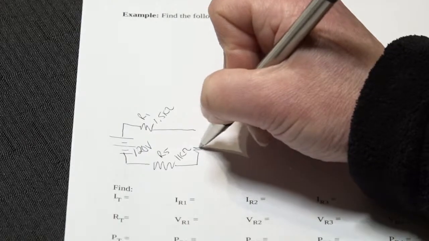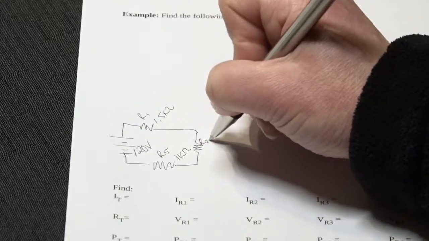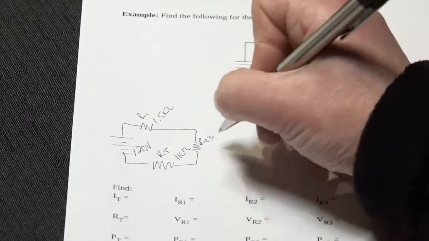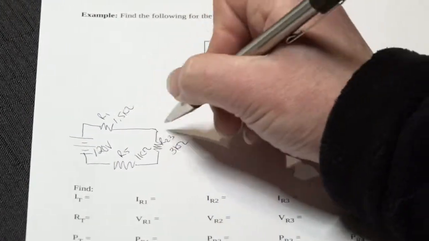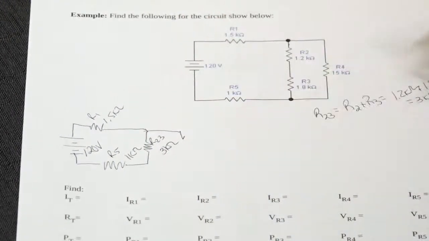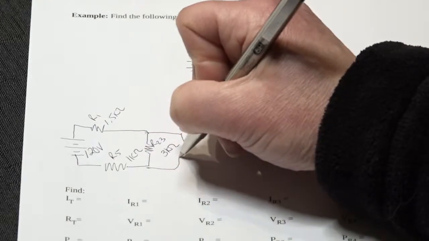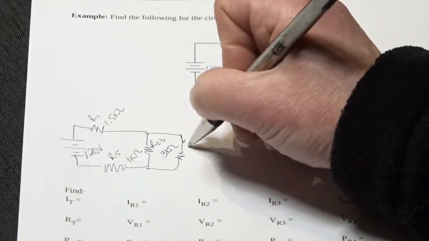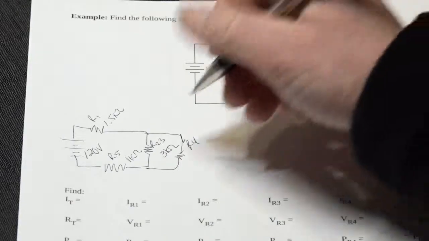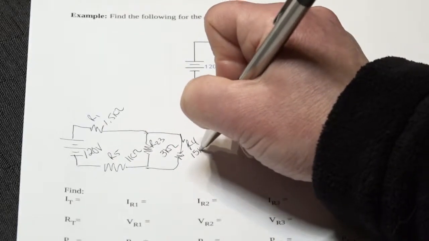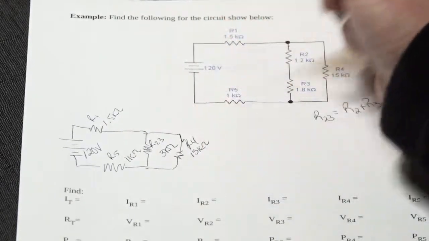And then we have the R2,3 combination, which we found to be a 3 k ohm resistor. And then we have our R4, which is a 15 k ohm resistor.